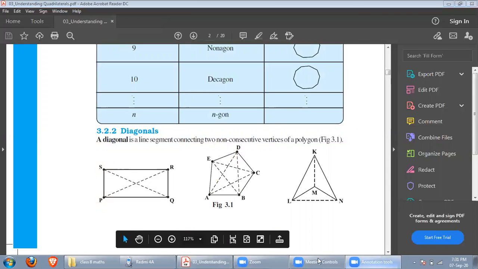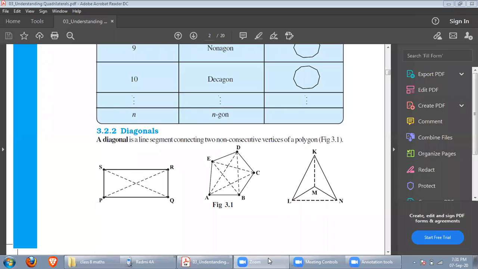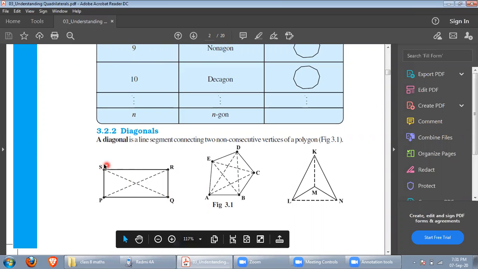Are you following? Yes. Thank you. So when we join two non-consecutive vertices, we get a diagonal. S join Q, then diagonal SQ. P join R, then diagonal PR.